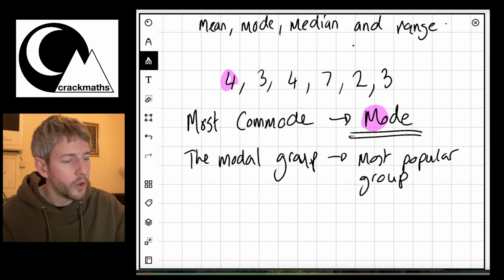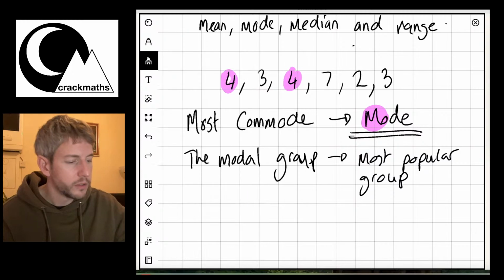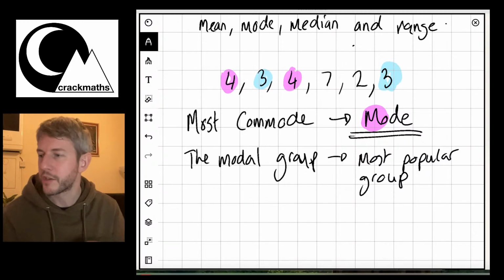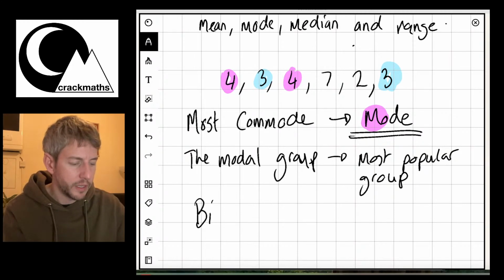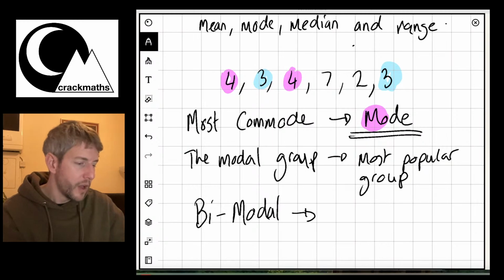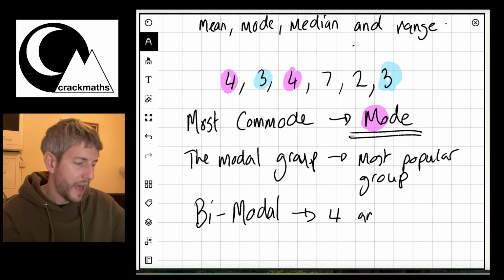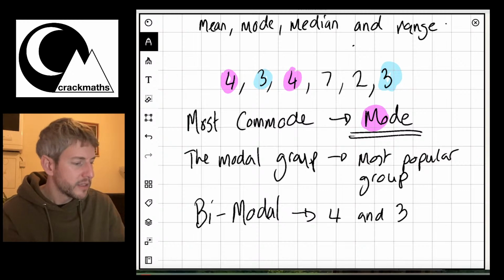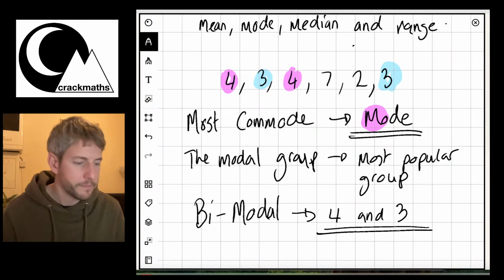We've got the 4s, but we've also got the 3s. If this situation occurs, we would say that the data is bimodal. Bi means 2. So bimodal is going to be 4 and 3. So there's 2 modes this time, and this is bimodal data.